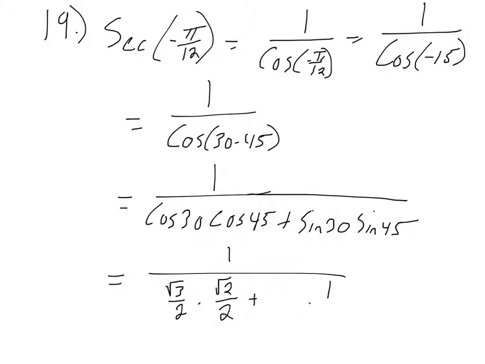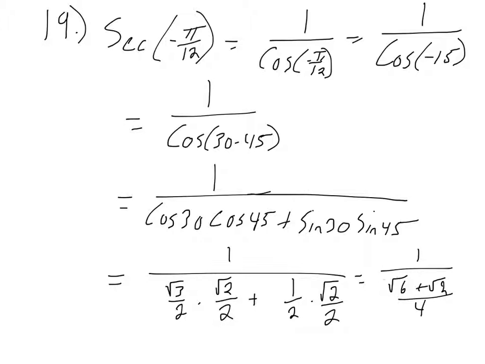I sort of messed that all up, so let's go ahead and fix that. All right, there we go. So we'll end up with 1 over square root of 6 over 4. Right, so we'll end up getting square root of 6 plus square root of 2 over 4 if we simplify all that.